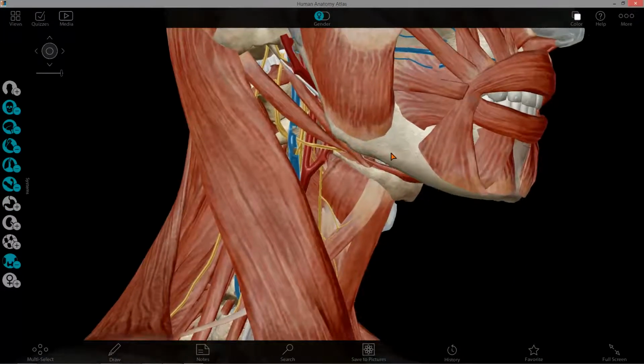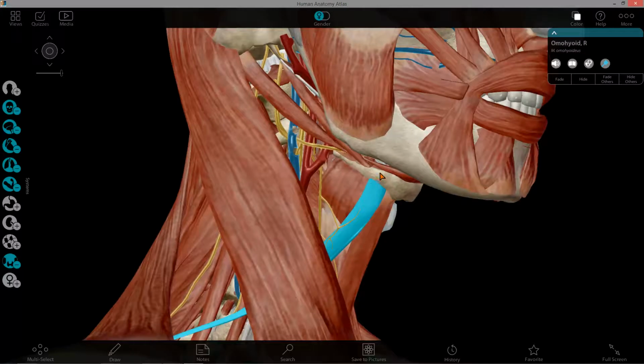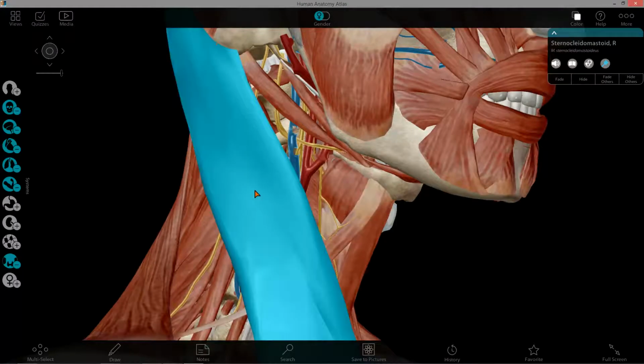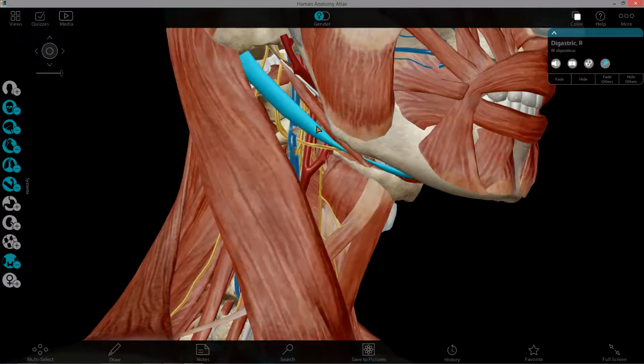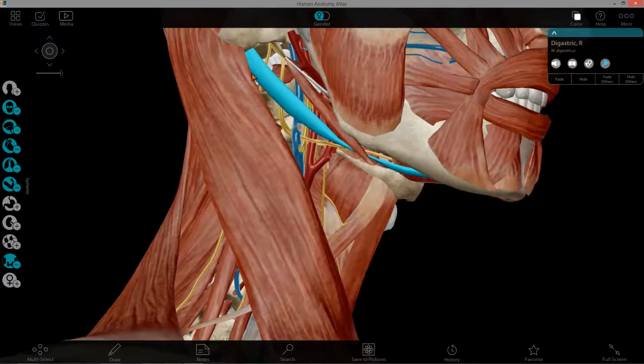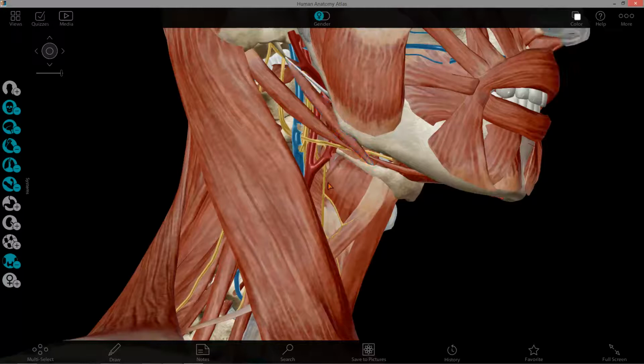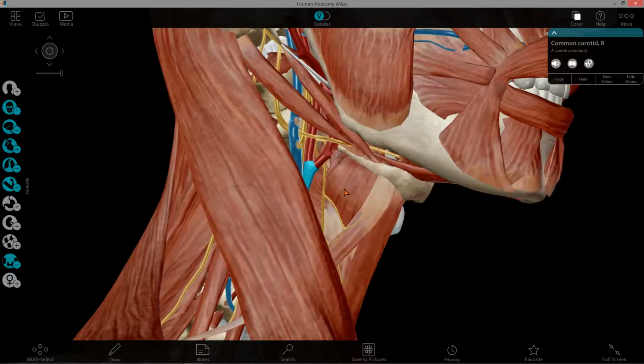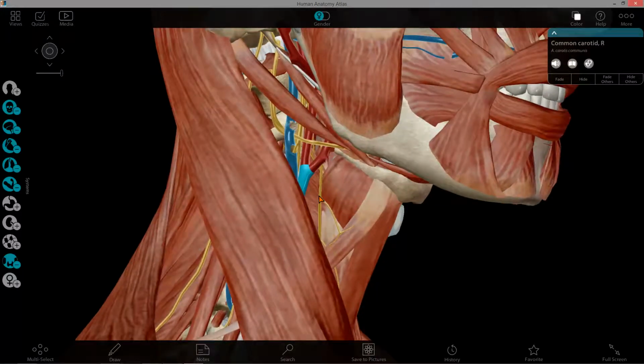So the carotid triangle contains quite a lot. Anterior boundary is the omohyoid, inferior boundary is the sternocleidomastoid, superior boundary is the digastric, as well as a small bit of the stylohyoid here. It contains, unsurprisingly, the common carotid, which is within something known as the carotid sheath.